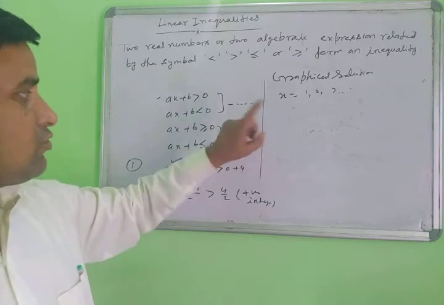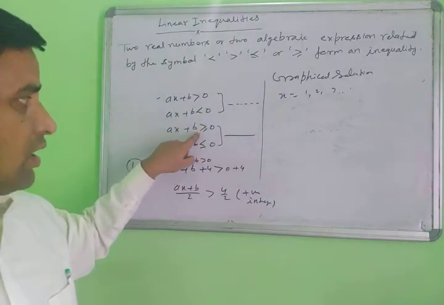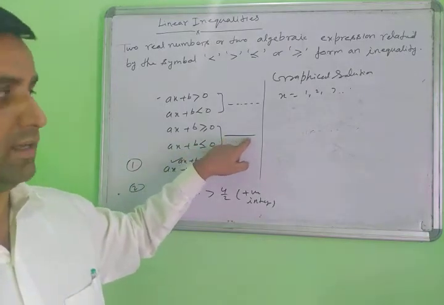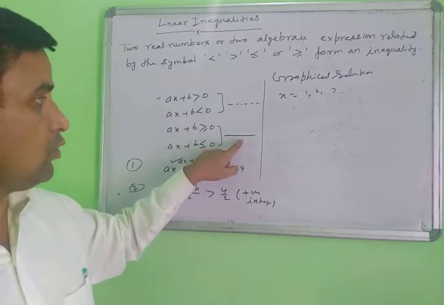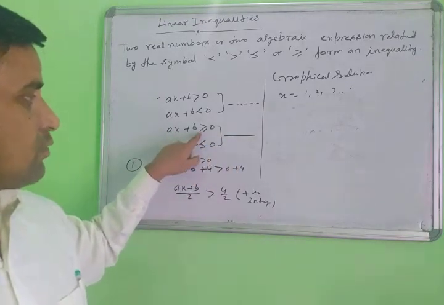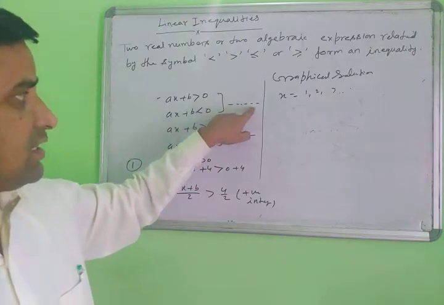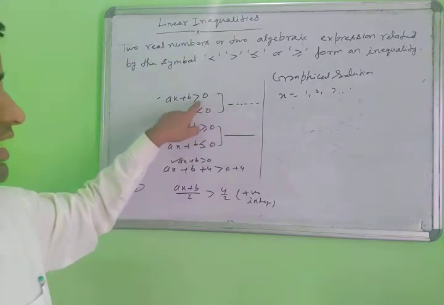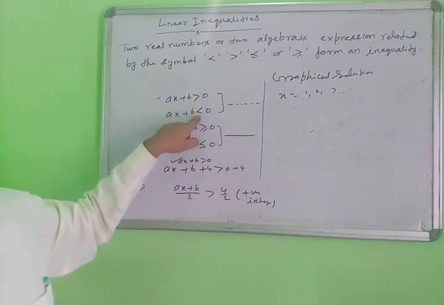When you find the graphical solution of greater than or equal, less than or equal, you use the dark line. A dark line means you are solving for greater than or equal, less than or equal. When the dash line is drawn, you are finding the solution of less than and greater than inequalities.